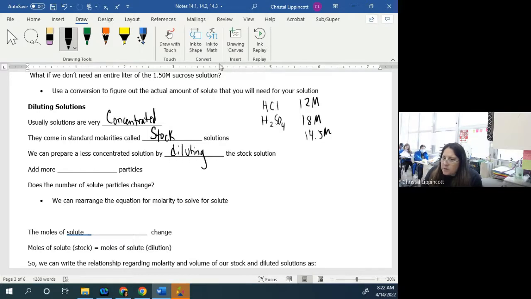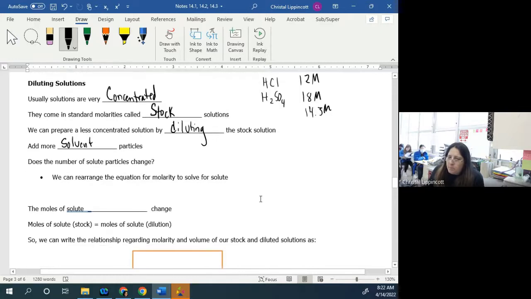the stock solution, and that's by adding more solvent. Since the number of solute particles doesn't change, we can rearrange the equation for molarity to solve for solute.